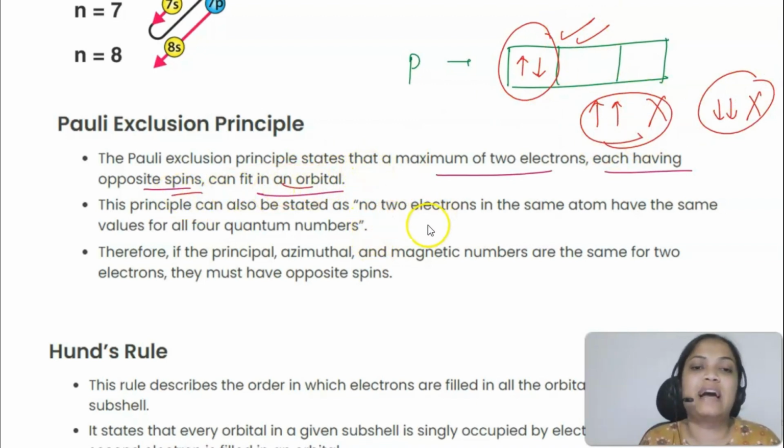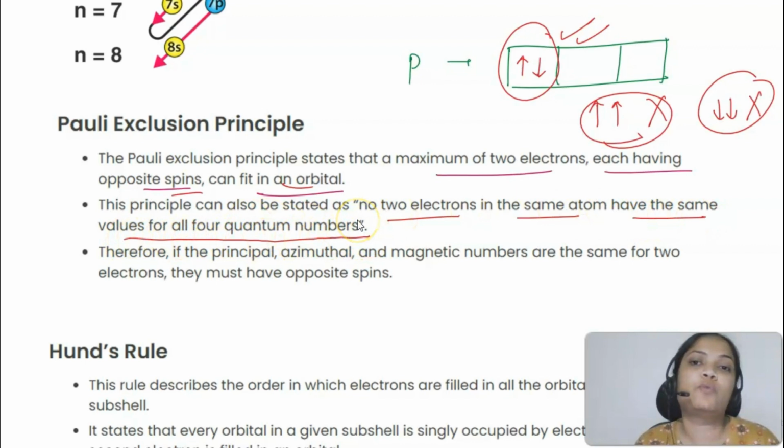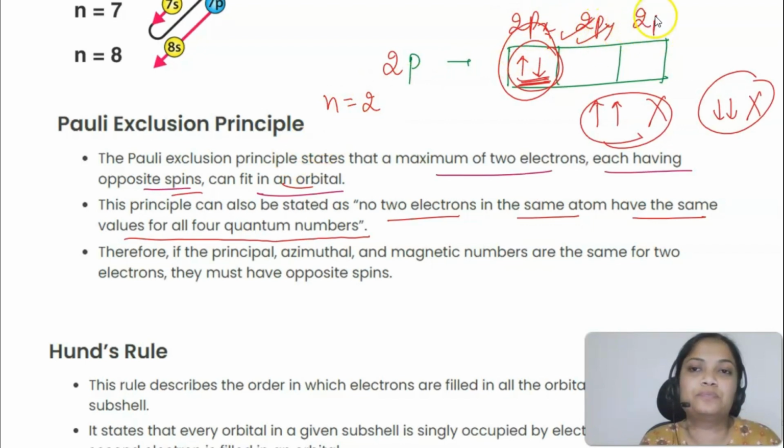So this actually states that no 2 electrons in the same atom can have the same values of all 4 quantum numbers. Let's say I have this 2p orbital. For these 2 electrons, the value of n is equal to 2, and it is 2py and 2pz.